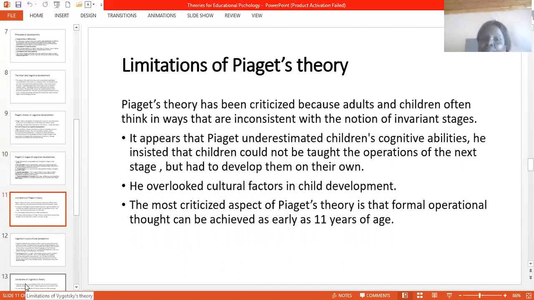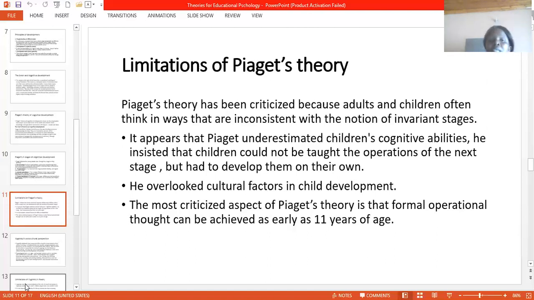Piaget's theory has been criticized because adults and children think in ways that are inconsistent with the notion of invariant stages. Piaget, in his theory, he talks about the stages. Children grow in stages. They do things according to their stages.